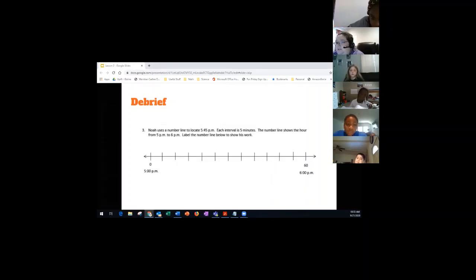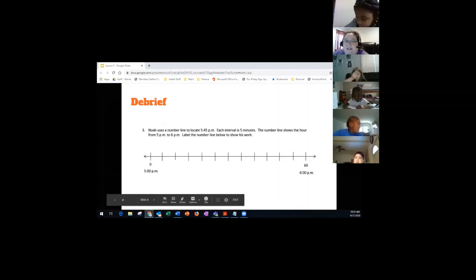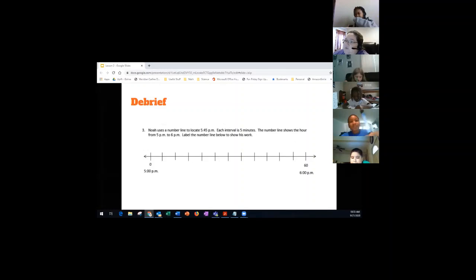All right, Noah uses a number line to locate 5:45 p.m. Each interval is 5 minutes, and the number line shows the hour from 5 p.m. to 6 p.m. Label the number line below to show his work. So if you see a number line that looks like this, we're going to label it by skip counting by 5.